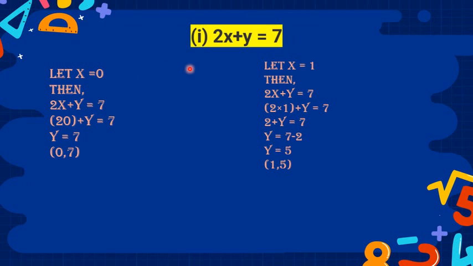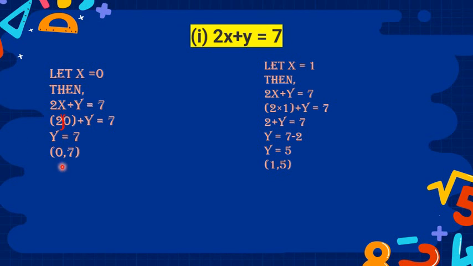Let us now take x is equal to 0. Then 2 into 0, here we have to multiply, 2 into 0 is 0, 0 plus y is y, so y is equal to 7.